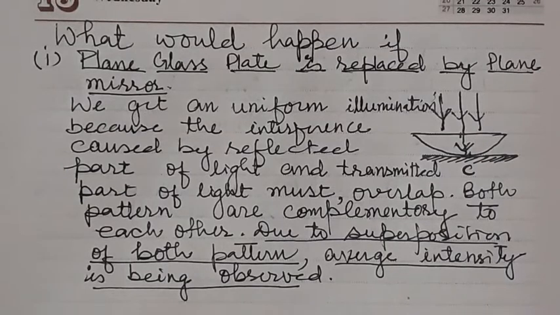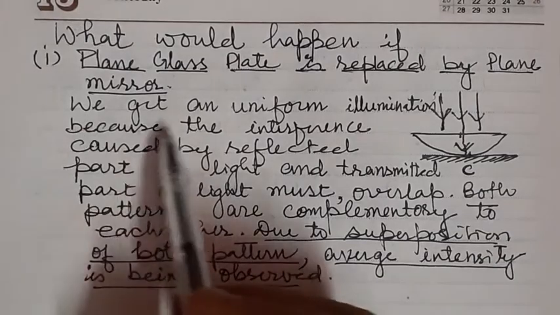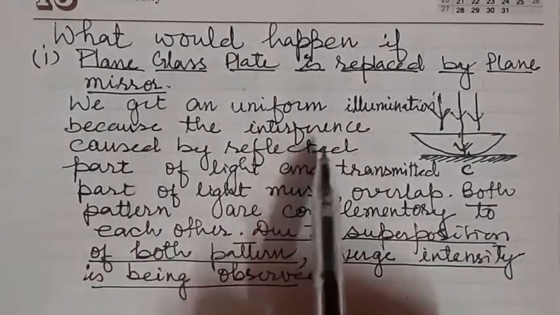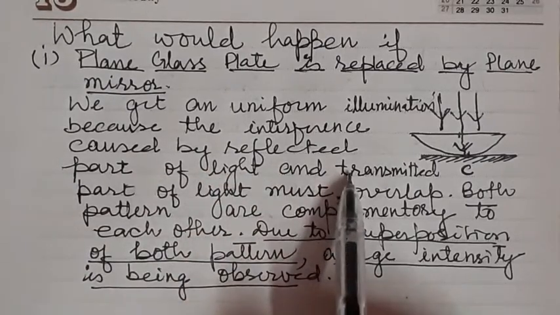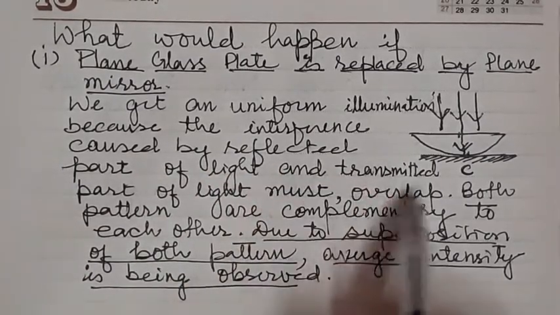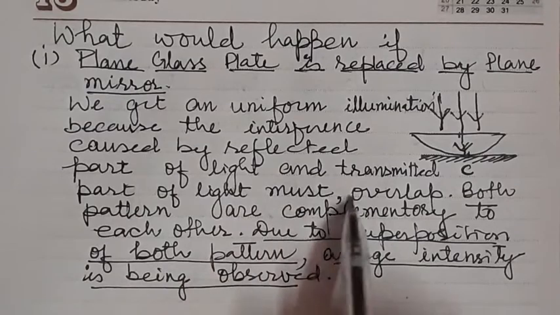When we place a plain mirror in place of the plain glass plate, the transmitted part also gets reflected back. Therefore, we have a uniform illumination, because the interference patterns caused by the reflected part and the transmitted part of the light must overlap.